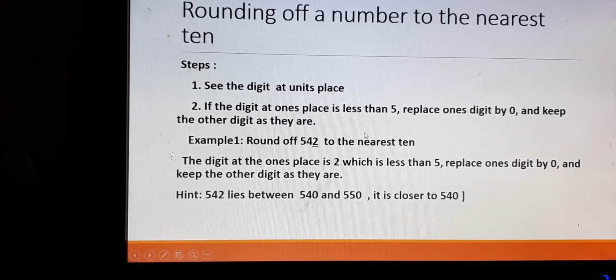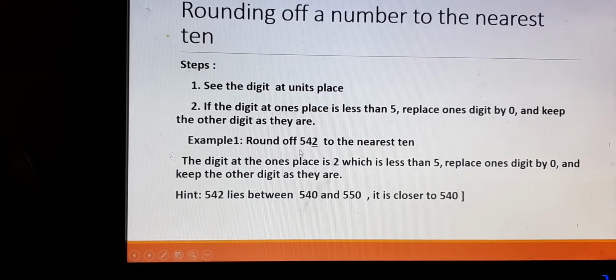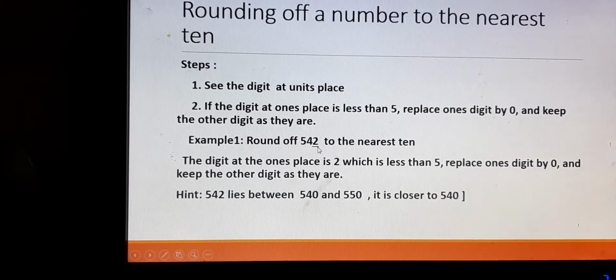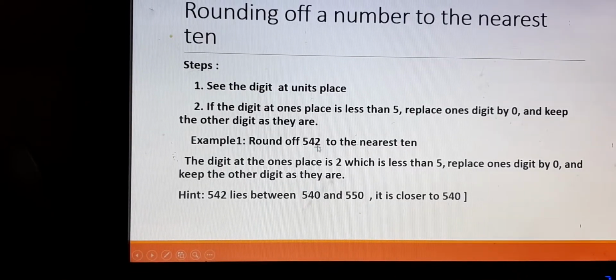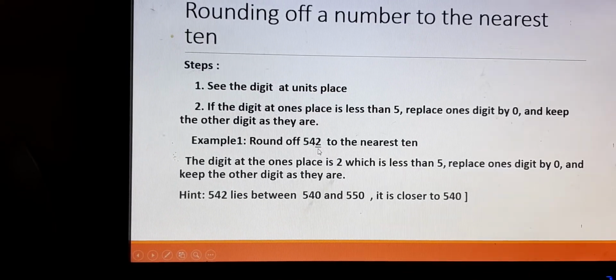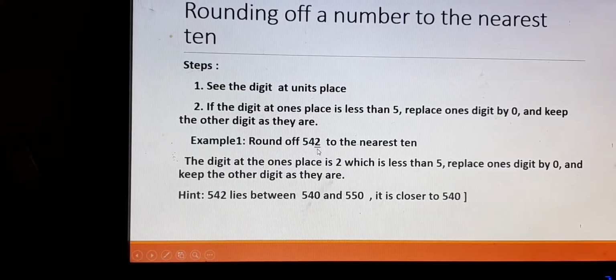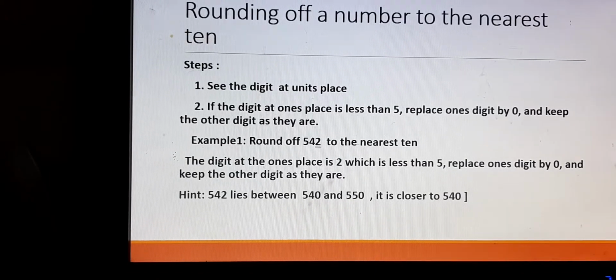Understand? Like you have a number, round off 542 to the nearest 10. What will you do? You have to look at the digit at the units place or ones place. What is the number? 2. Is it more than 5 or less than 5? We will say it is less than 5.